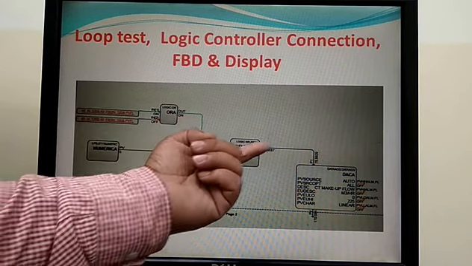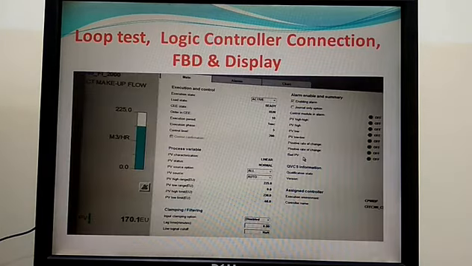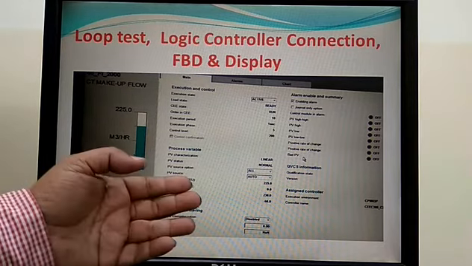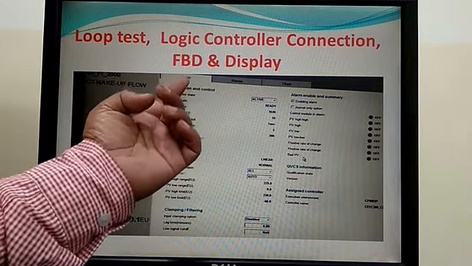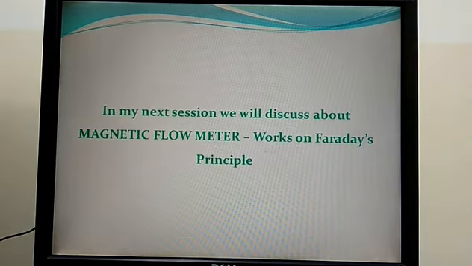Here is the tag number, and this output is going to our main data acquisition controller, and from there we will see in our graphics that our flow is this much in meter cube per hour. This is the alarm, this is the main section, and this is the chart part.